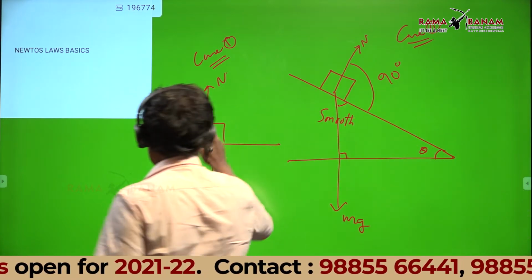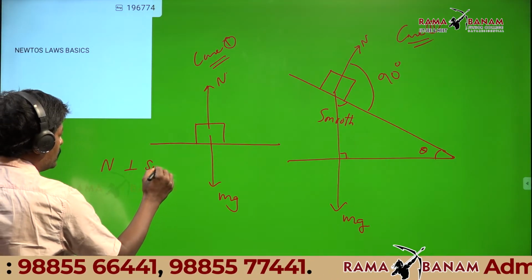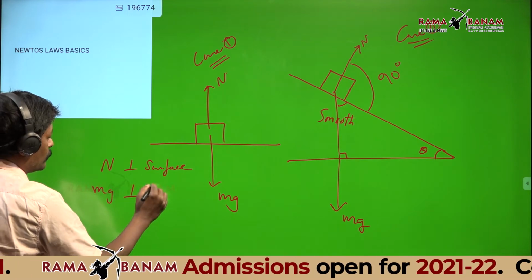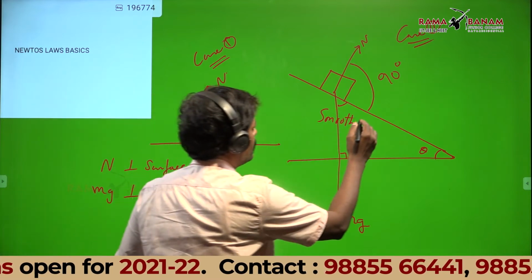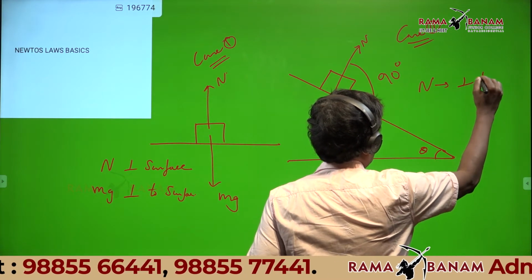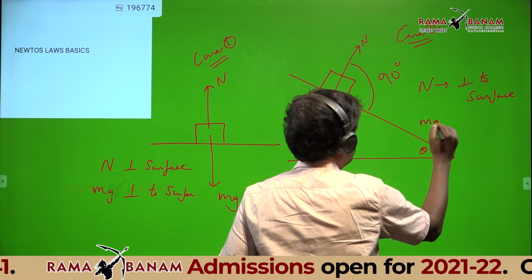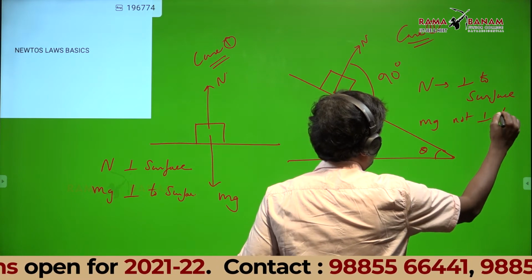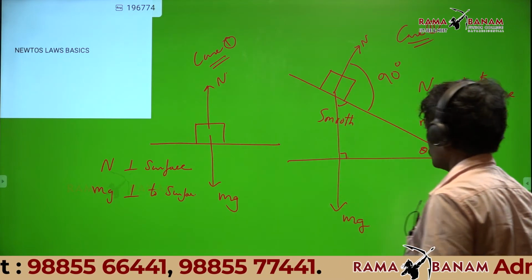In this case, N is perpendicular to surface, mg is also perpendicular to surface. Here N is perpendicular to surface, mg is not perpendicular to surface.